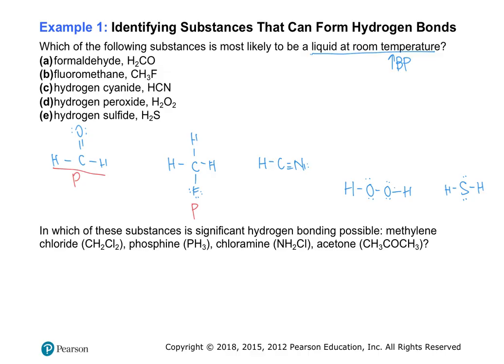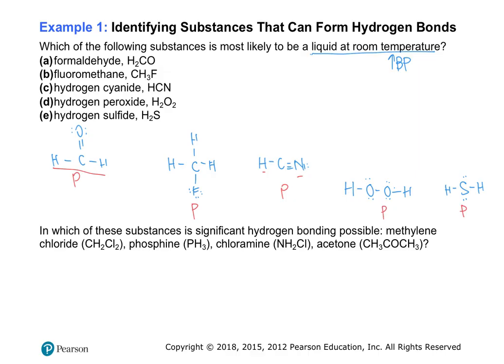We have hydrogen cyanide, where the terminal atoms are different, making it polar. Here we have hydrogen peroxide, which has lone pairs on the central oxygens, making this molecule also polar. And then we have hydrogen sulfide. Again, the electrons on the sulfur make it a polar molecule. So all of them are polar.